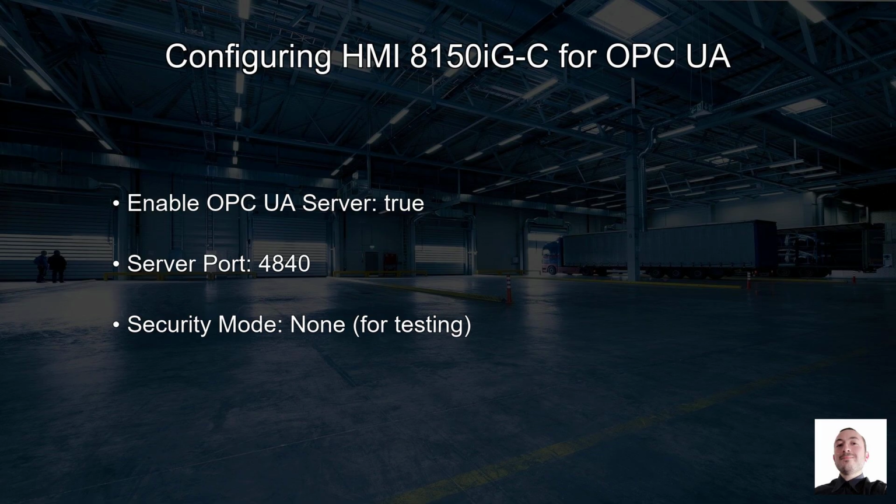Ensure that security mode is set to None for initial testing, but remember to enhance this for production environments. Finally, save the configuration and restart the HMI to apply the changes. This setup will allow your HMI to act as an OPC UA server, facilitating seamless data exchange with other industrial automation systems.